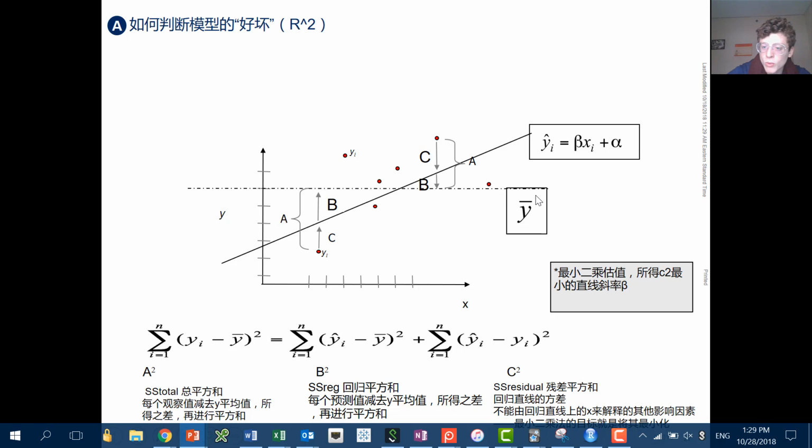This is just the average of the value y. This would be a very simplistic prediction. I'd say, okay, for all of my values, I'm just going to assume that the prediction is the mean of the predicted value. So for all of these professions, I'm not going to look at any other variable. I'm just going to say the average income is my prediction for all of them. That would obviously not be a great prediction. It would create a lot of errors. So that's our baseline.